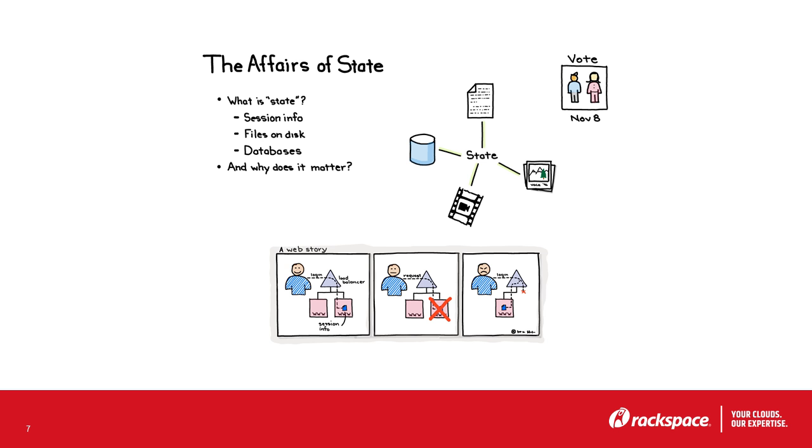Now, in the case of a scalable environment, some of those servers may come and go depending on the demand on the system. In this case, it's demonstrating what happens if the web server that user is currently going to disappears. Well, if we're maintaining state on the server, all of a sudden that session state disappears, and the user ends up either having to log back in again or potentially losing any information that was stored in that state.